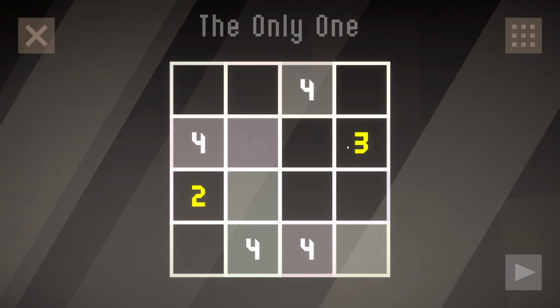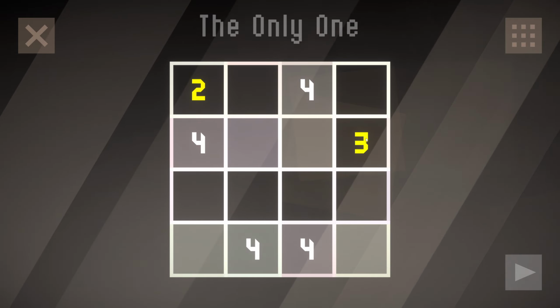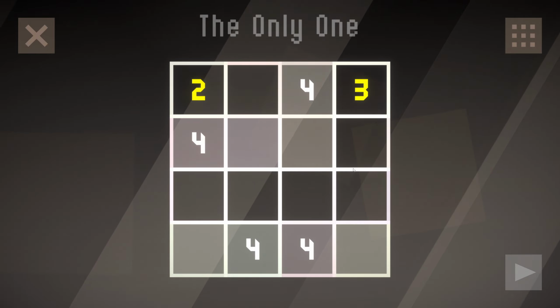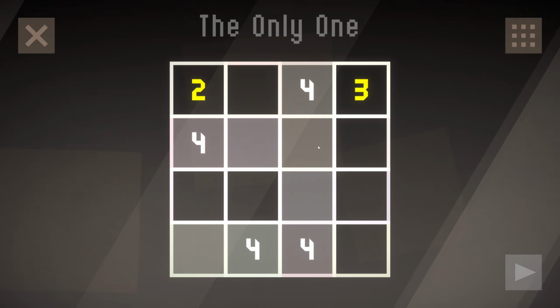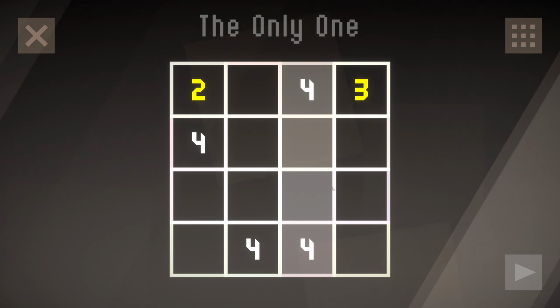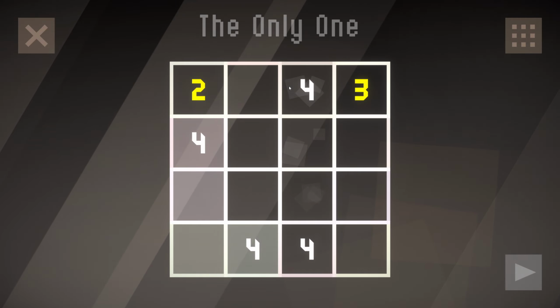Not this. Where does the 3 go? Honestly. Can't be this because I can't make the group on the left bigger.